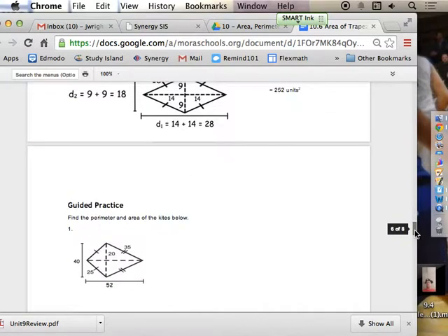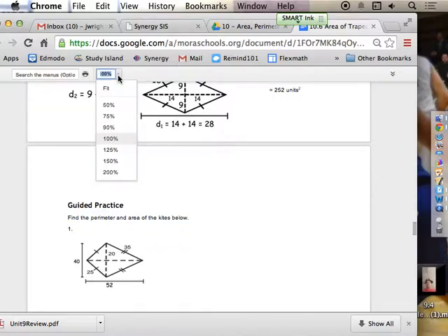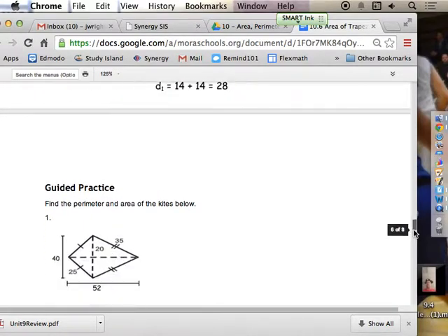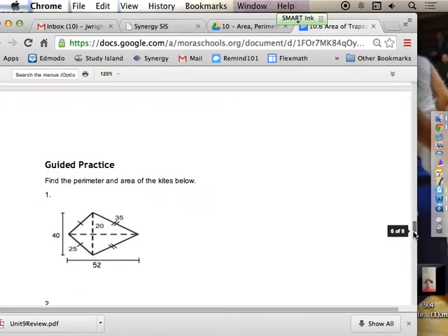Okay, there's one. Find the area of this figure, and then the perimeter. Well, I have 40 and 52. I know I have to take the diagonals times each other and divide by 2. I'm going to cheat and do my shortcut and take half of one of them right away. I'm going to take 52 times 20.